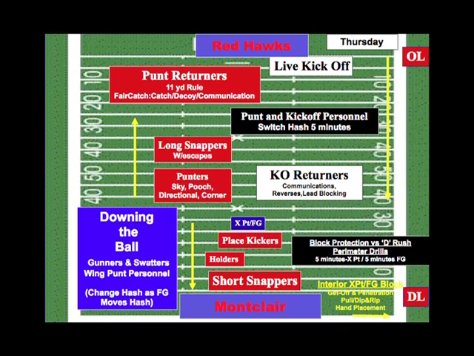And again, if we need to and we have something special going on, our interior line once again will be practicing their extra point and field goal block situations. Generally, the offensive protection has already been done on Wednesday, and that's probably all we need.